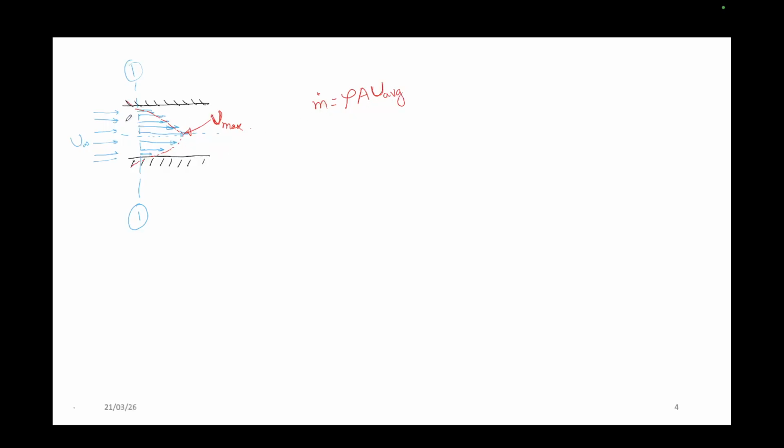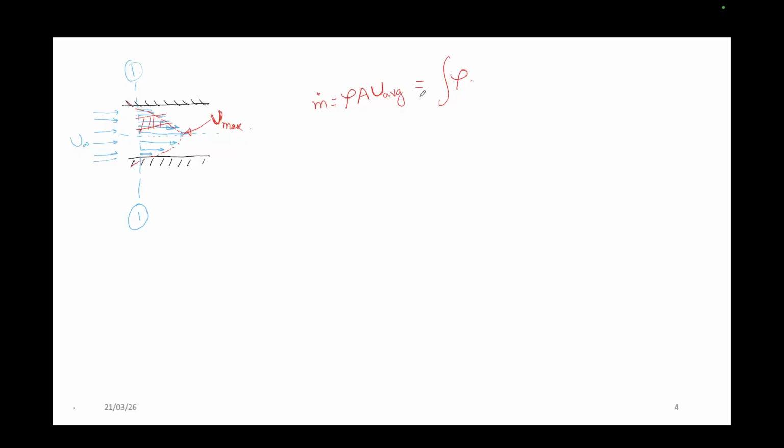But here this velocity distribution is there. How will you find out? For this you need to integrate. You know that if there is a variable in a flow field or anything, in that case you need to integrate. How do you integrate? You just have to take a small area in the domain, say this area I am talking about.